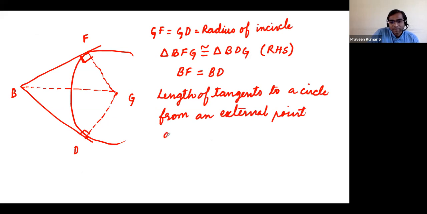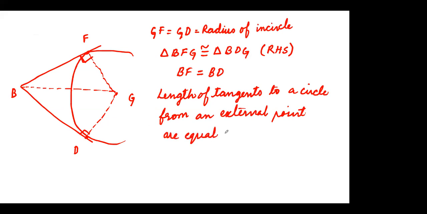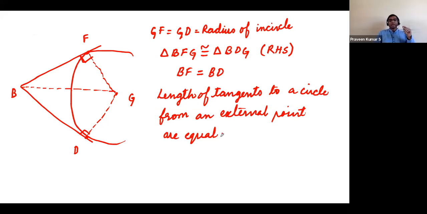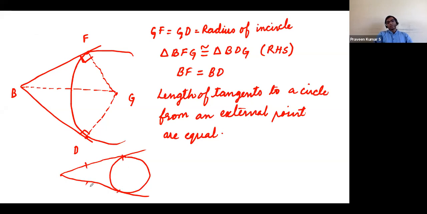Am I right? Yes, sir. So if this point B is outside a circle, and from here you draw two tangents like this, you will say that this length and this length are both equal.